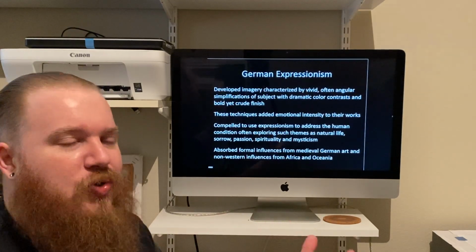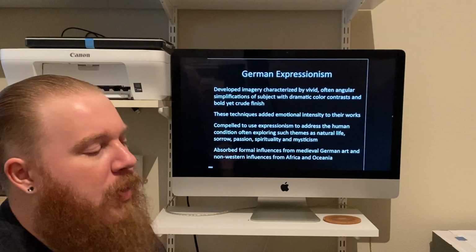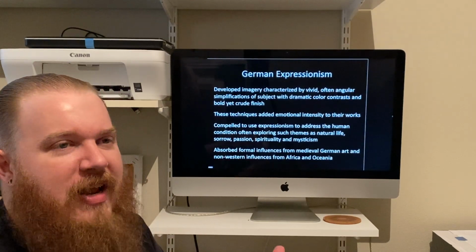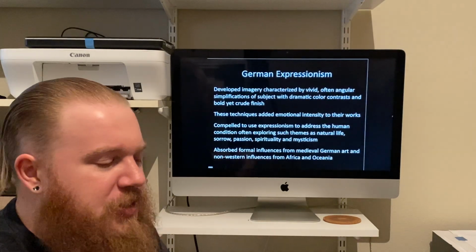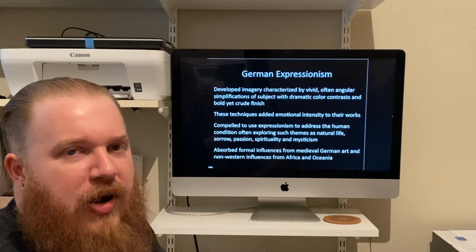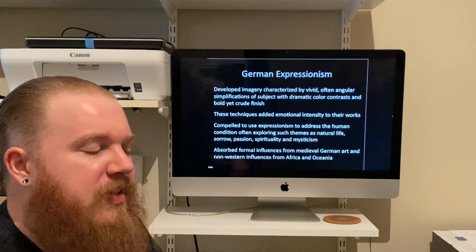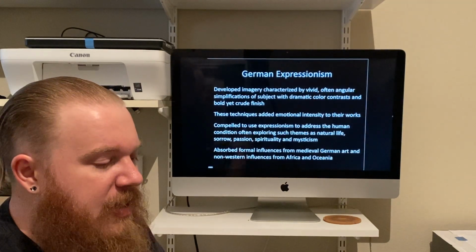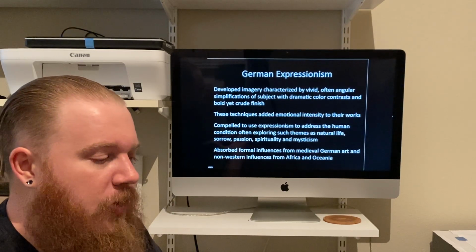We're trying to be kind of naive or childlike, but we're also trying to embrace outside aesthetics from non-European traditions, and that vivid color coming out of post-impressionism and things like that. So these techniques added this emotional intensity to these works of art.